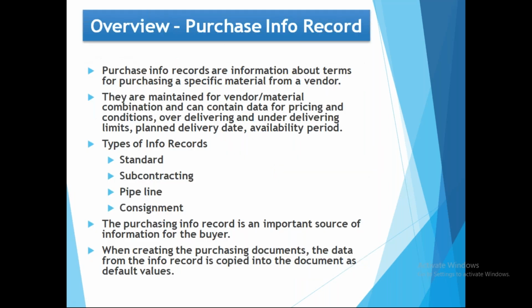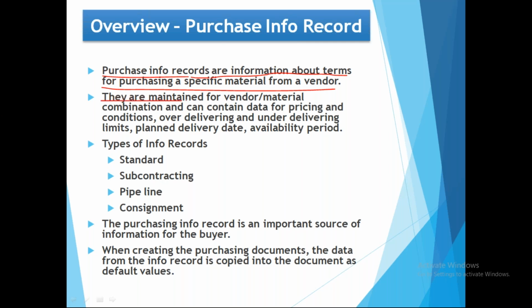Okay, so let's start with the purchase info record. Purchase info records are information about terms for purchasing a specific material from a vendor. The purchase information record will contain information for a particular material and vendor combination.